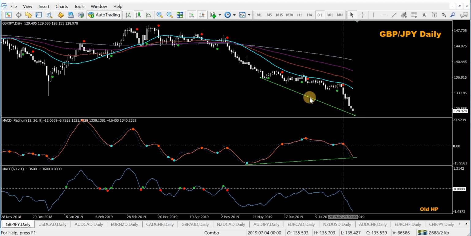So basically my filters to get in are prices on the right side of the 25 SMA, and there's been a cross through the 0 level on this fast MACD. So all the fast MACDs, instead of 12, 26, 9, it's 6, 12, 1. These green and red dots you see, it's just a visual aid.